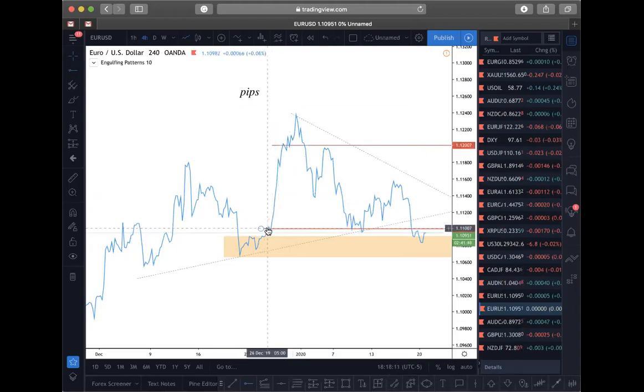So the distance from $1.11 and $1.12 would be 100 pips, right? So meaning 1 cent difference in the forex market is equivalent to 100 pips, right?